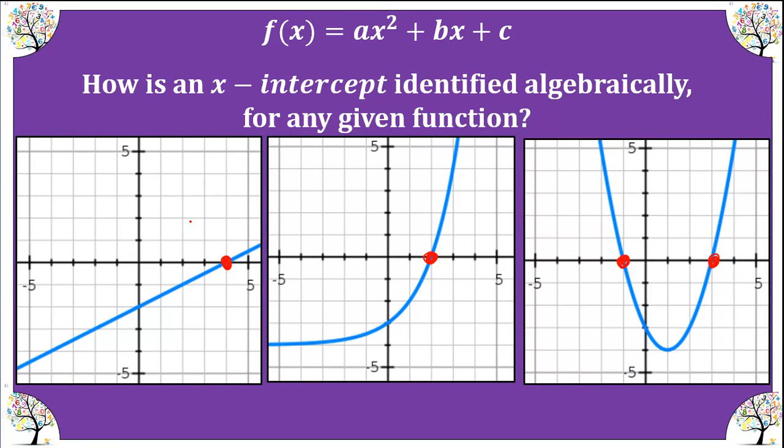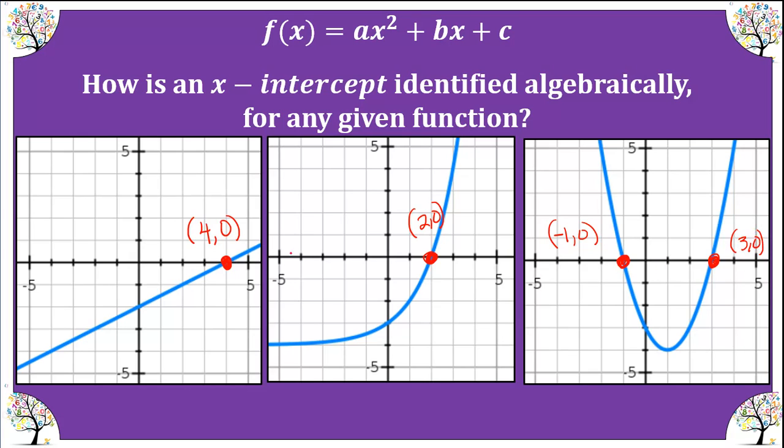In our linear function, the x-intercept is (4, 0). In our exponential function, the graph crosses at (2, 0). And our quadratic crosses at 2 points, (-1, 0), as well as (3, 0).